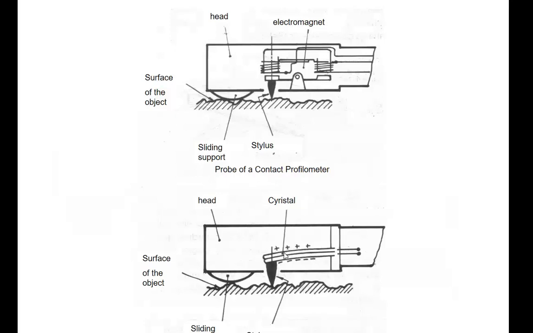Depending on the level of stress, the bending of the crystal bimetallic strip, we obtain an electrical potential, and the potential is converted to roughness value by making a calibration test.